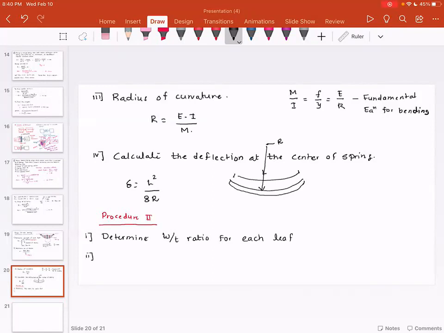Then we find effective length, which is L minus central band width, and this central band is used to keep those leaves together.